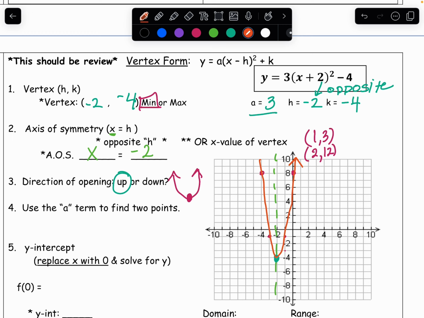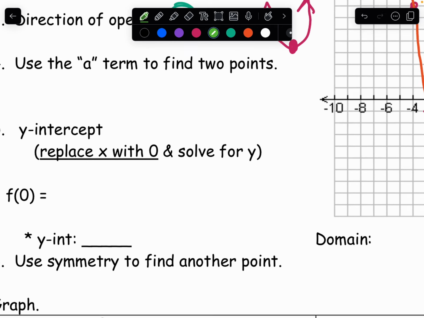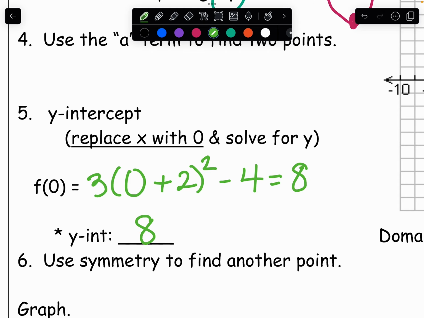We can also find our y-intercept for vertex form. This one just takes a little extra work. We are going to plug in 0 for x and solve. Kind of what we did on the other page, but we just found that there was a shortcut. So I'm going to have 3 times 0 plus 2 squared minus 4, and we do get 8.